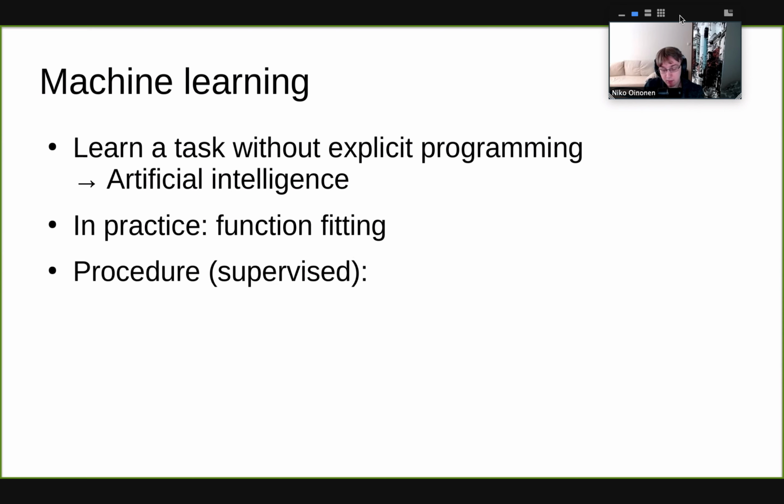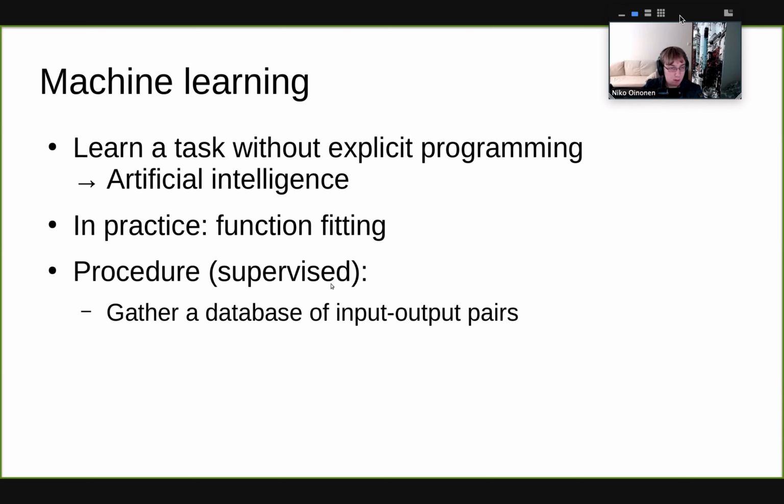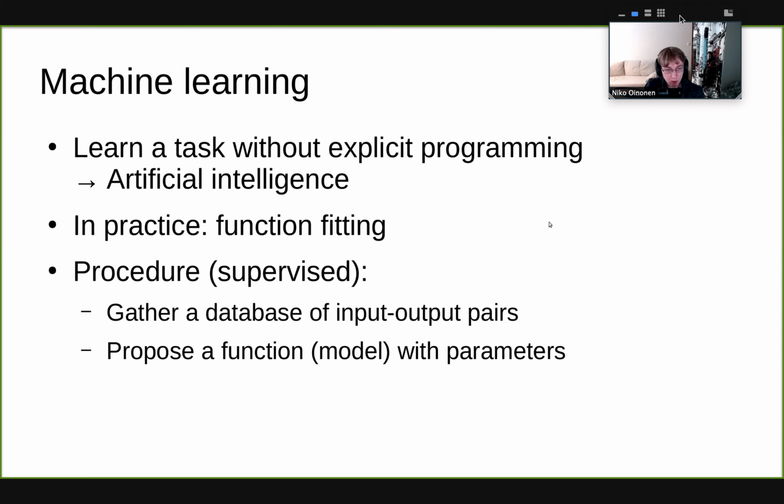There are many different types of machine learning, but considering the most often used, supervised learning, the procedure is roughly that you first gather some database of examples, or some input-output pairs, which exemplify the task that you're trying to perform. Then you propose some kind of function, a model, which has some parameters, so that when you tune the parameters, the model will give a different output for a given input.